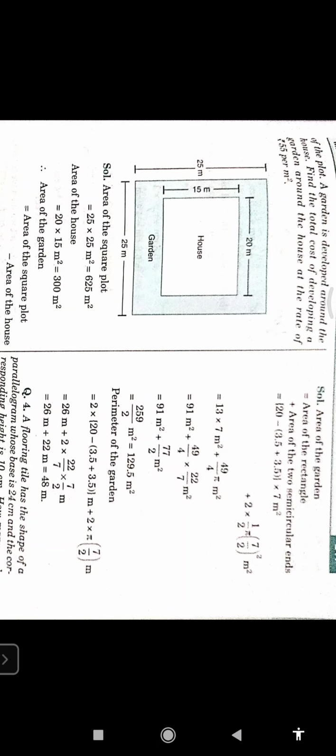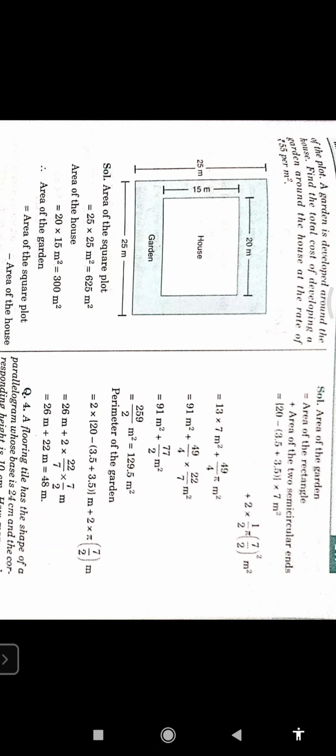Now we have to find the perimeter of the garden. So perimeter of the garden equal to 2 multiply into bracket 20 minus 3.5 plus 3.5 meter plus 2 multiply pi, 7 upon 2 meter. Okay.